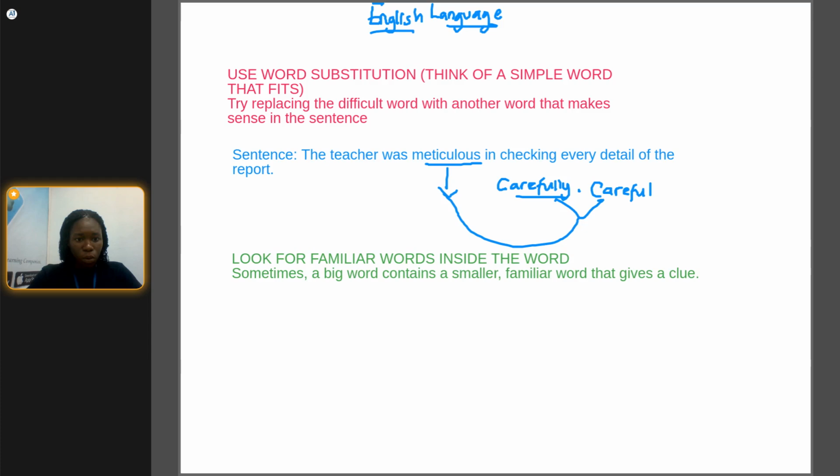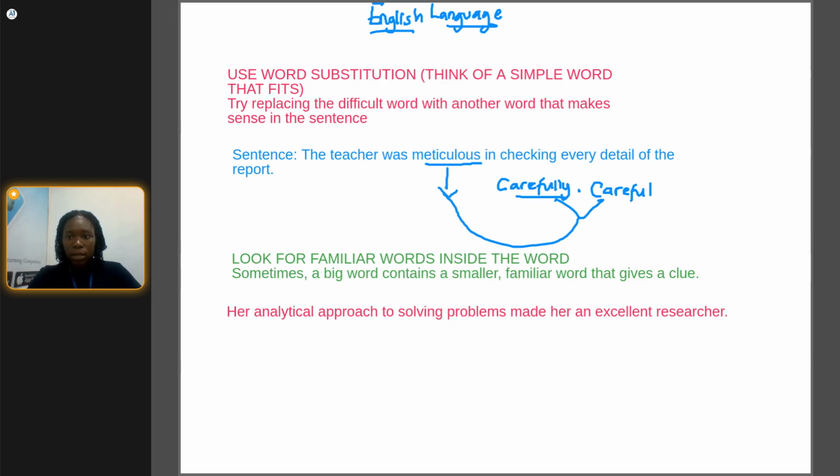So this example, we're using it for looking for familiar words inside a bigger word. The word we're looking at is analytical.